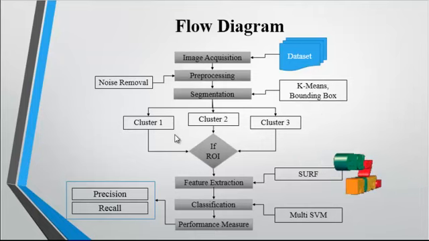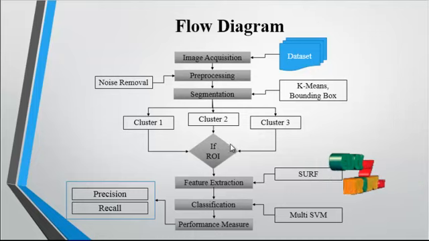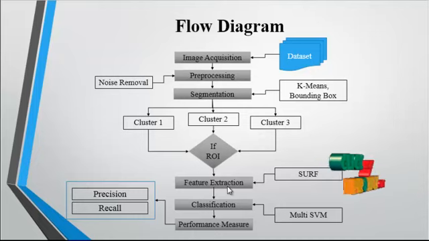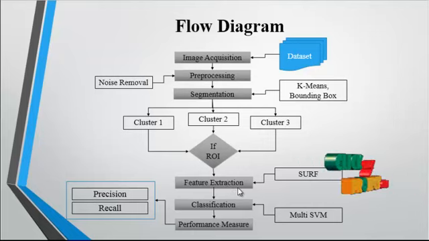Here we have 3 types of clusters. If the region of interest is detected, only that particular cluster undergoes feature extraction. Here the region of interest is specified as the fish region, and the regions other than the fish will be considered as background, hence eliminated.